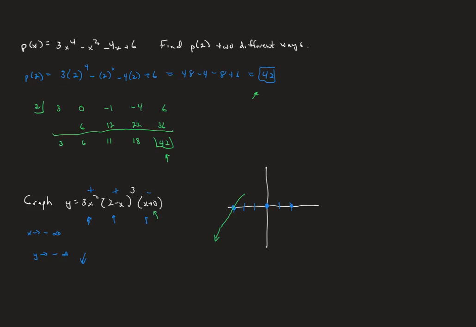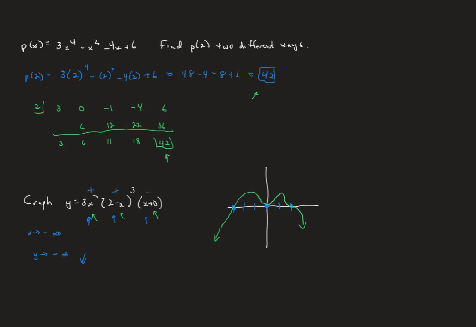When we get to the 0, that came from the x squared. Since that's an even power, we're going to have to bounce as we come off of there. And when we get to the 2, that came from the third power, so I'm going to have to swirl as we go through there. And so that's going to be our graph.